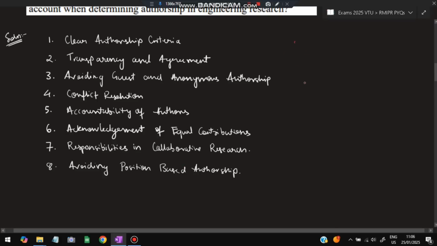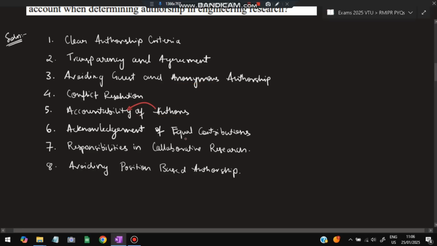Okay, so the main thing you need to remember is fairness. Okay, this is a common thing. I have only mentioned those people who have actually contributed to the project. Everyone should be aware of what is happening, who has contributed more and less, and we should avoid guest and anonymous authorships. If there is a conflict, bring a judge to resolve the conflict, and the authors who are responsible for doing the tasks, they should be doing the tasks.